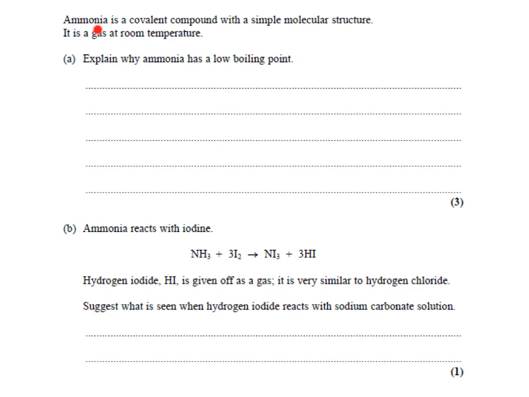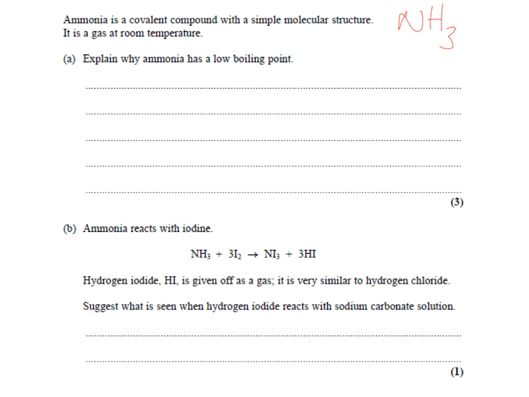So it actually tells you that ammonia is a covalent compound, and of course you'd have known that because if you knew the formula was NH3, you can see that we've got two non-metals bonded together. And they've given you a massive hint here. They've told you it's a simple molecular structure. And you should really know that as well, because the only giant covalent structures you come across in the syllabus are diamond and graphite, or you may have looked also at sand.